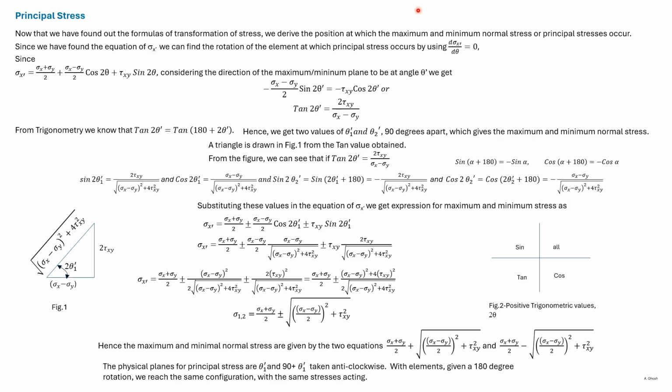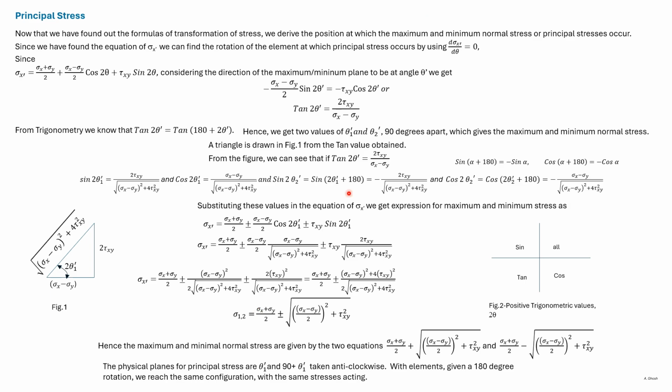We substitute the values of cos 2 theta dash 1 and sine 2 theta dash 1 from here. We now carry out some algebraic manipulation. We multiply sigma x minus sigma y, these two values, and also tau xy, these two cases. Next, instead of two terms, we sum up the terms to get one term. We then end up with this expression for sigma maximum and sigma minimum.